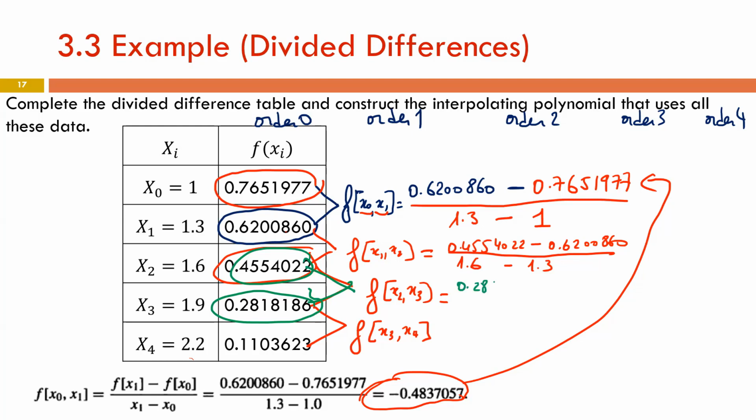Then 2818186 minus 4554022 over 1.9 minus 1.6. We calculate all of that.